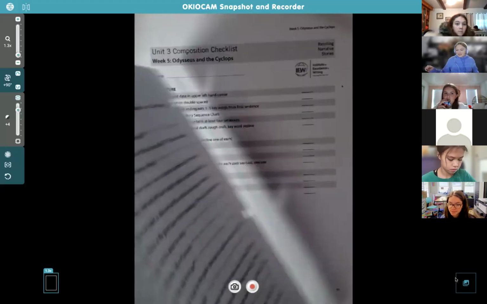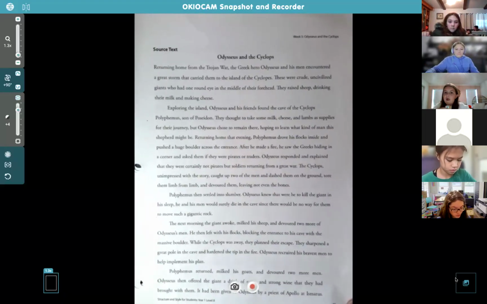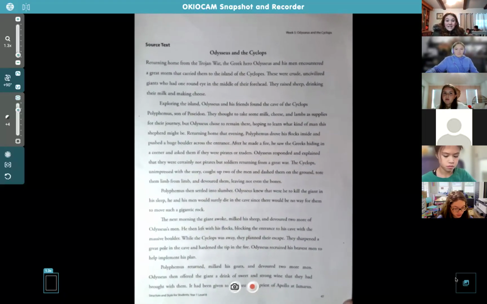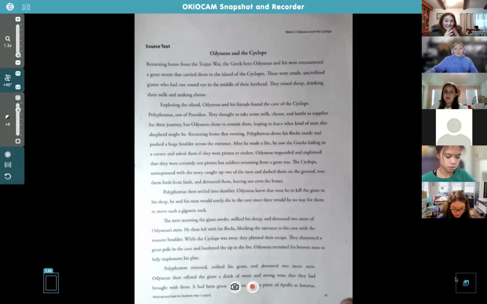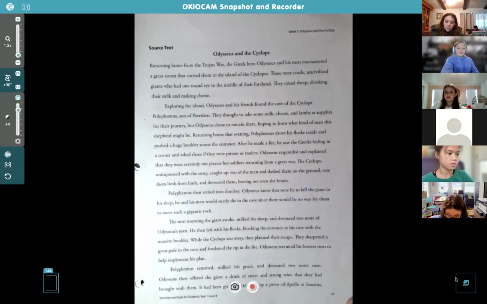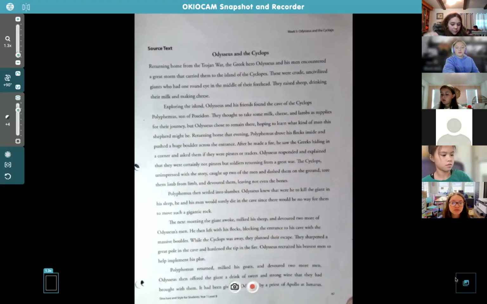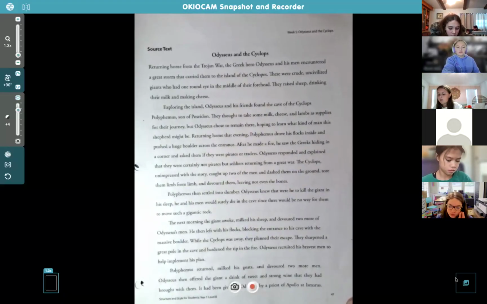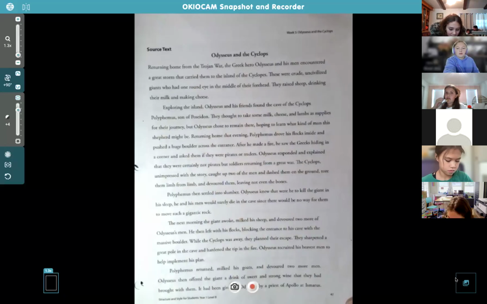So we've got these creatures that are kind of creepy, right? Giants with one eyeball. And this Polyphemus guy, the Cyclops, lives in a cave, milks his sheep, and makes cheese. Kind of odd.